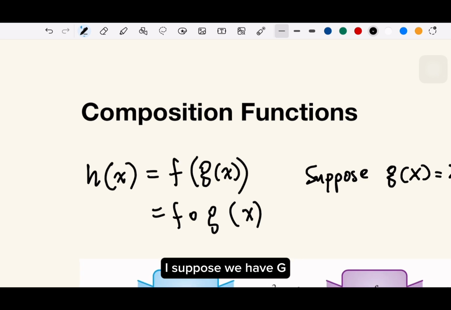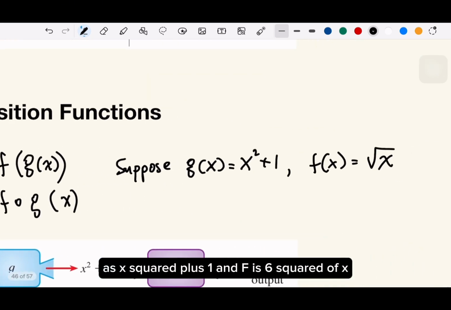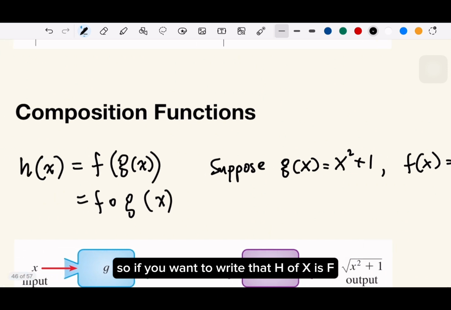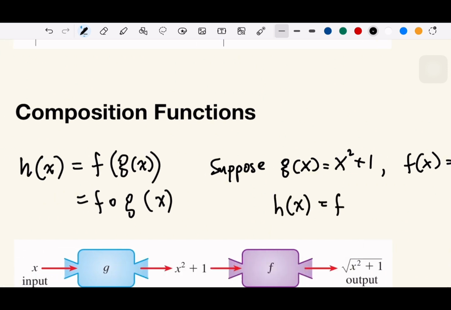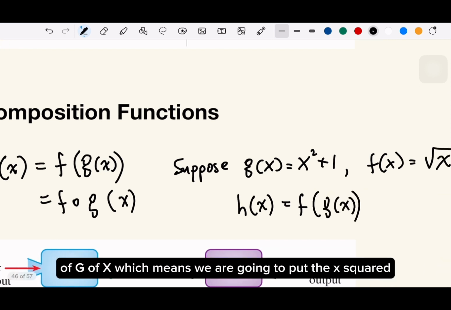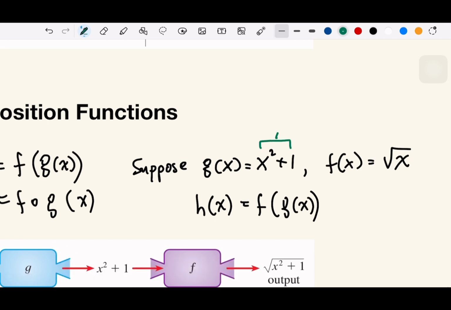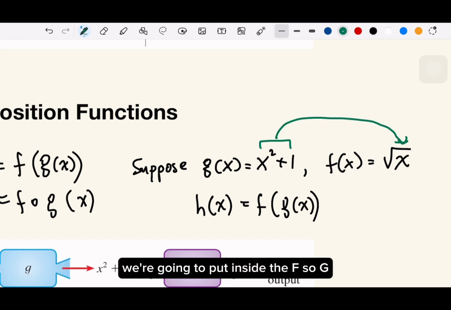Now suppose we have g as x squared plus 1 and f is the square root of x. If you want to write that h of x is f of g of x, it means we are going to put the x squared plus 1 inside the f.